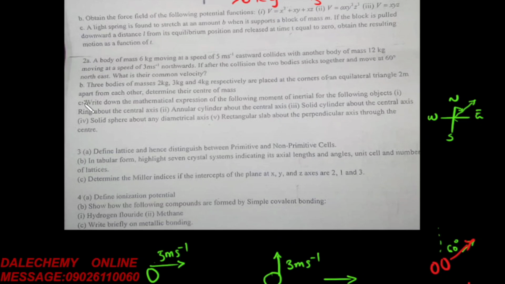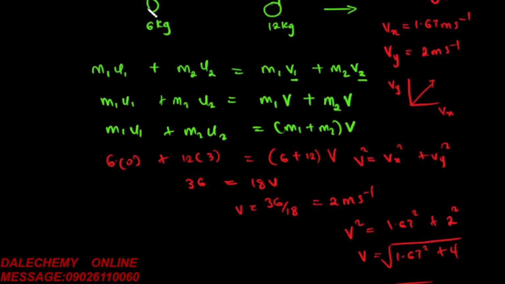Now, this next question says that 3 bodies of masses 2, 3, 4 respectively are placed at the corner of an equilateral triangle 2 meters apart from each other. Determine the center of mass. All right. For an equilateral triangle, it means that they have equal length.